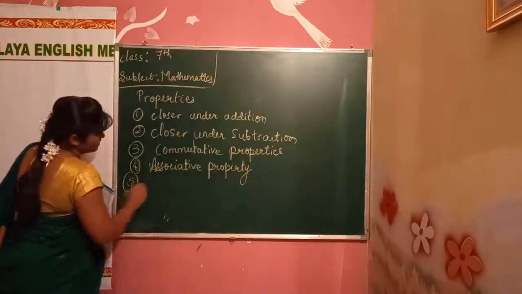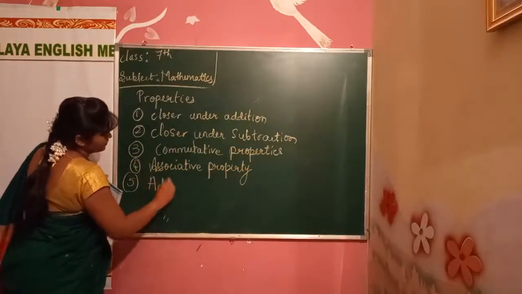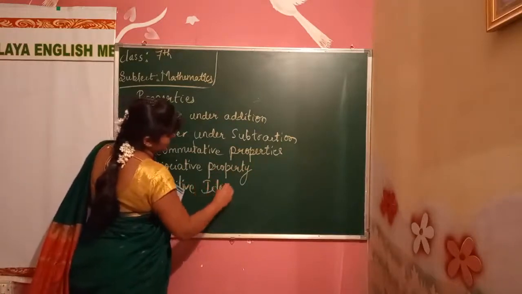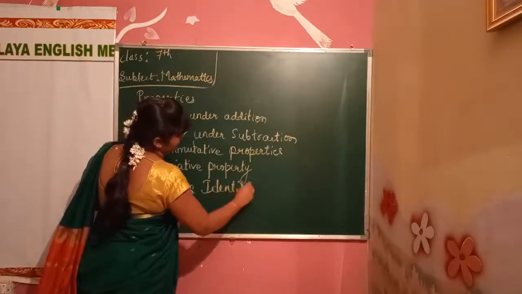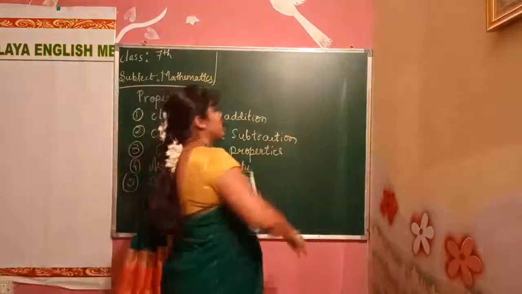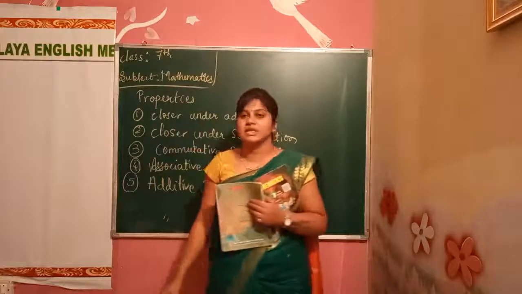Fifth one, additive identity. These are the 5 properties we learned today, children.